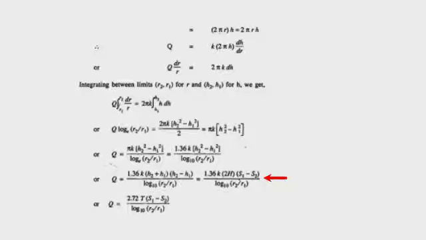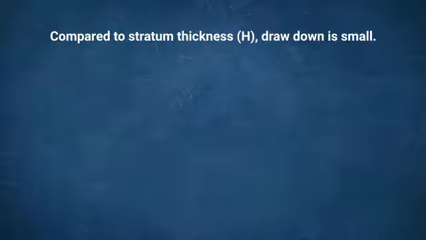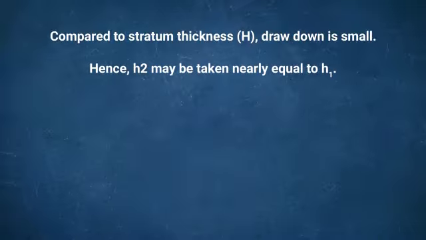So Q is equal to 2.72 K H (s1 minus s2) divided by log_10 (r2 divided by r1). In comparison to the stratum thickness H, the drawdown is very small, hence h2 may be taken nearly equal to h1.